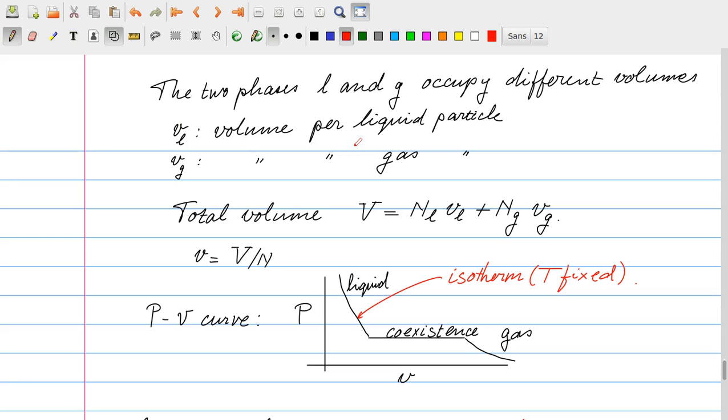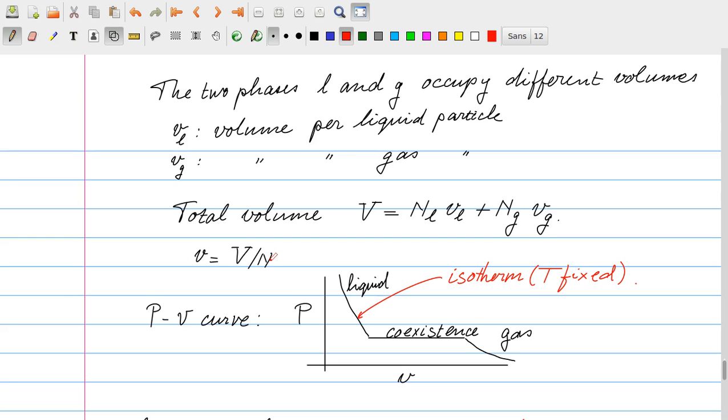And in the gas phase, that volume is a lot larger, we call that v_g, the volume per gas particle. And the total volume, the capital V, is the number of liquid particles times the volume per liquid particle plus the number of gas particles times the volume per gas particle. Then we can also define the little v, which is the average volume per particle, V over N.